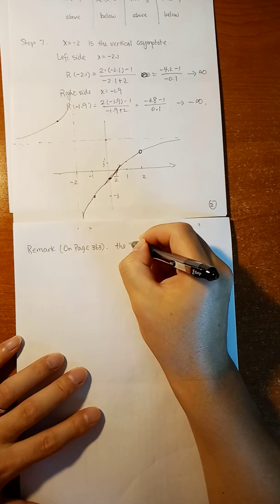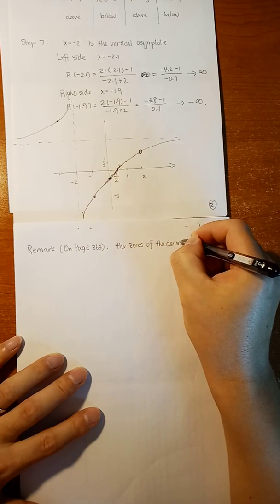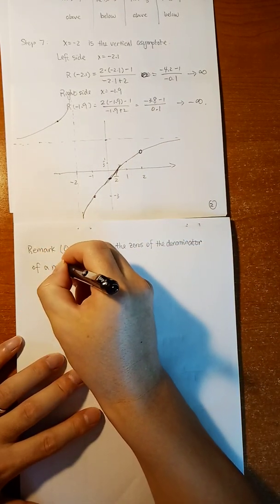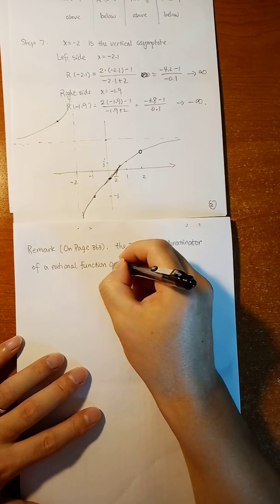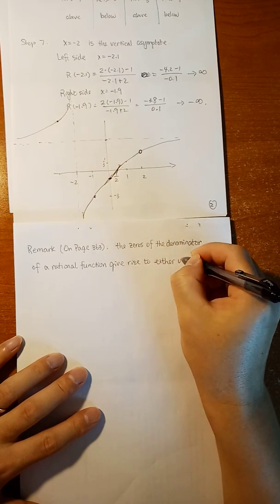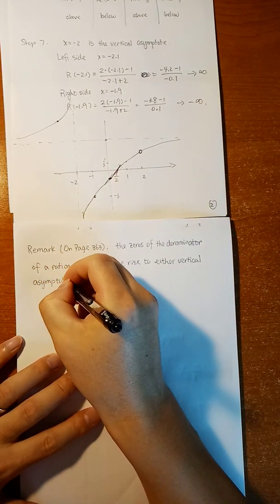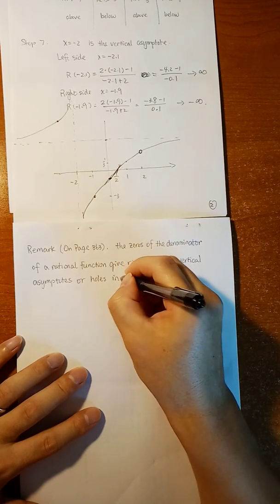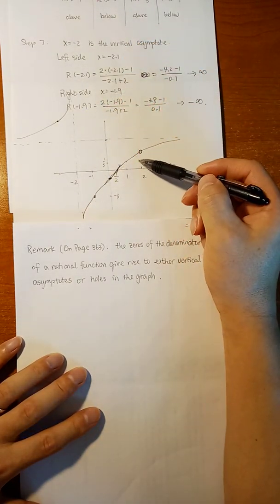The zeros of the denominator of a rational function give rise to either vertical asymptotes or holes in the graph. So either vertical asymptote or holes in the graph.